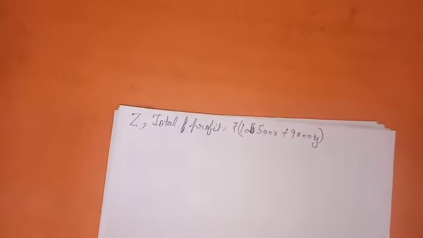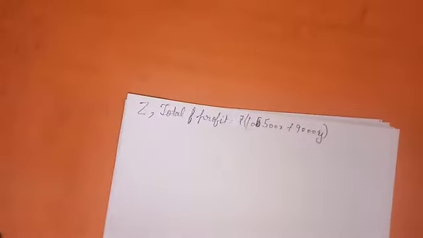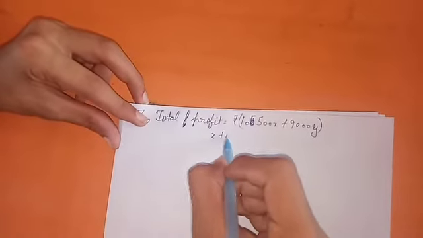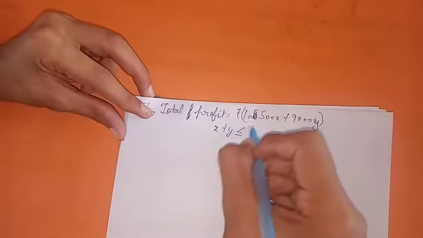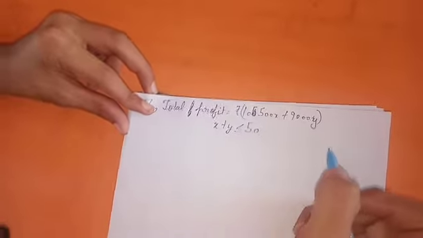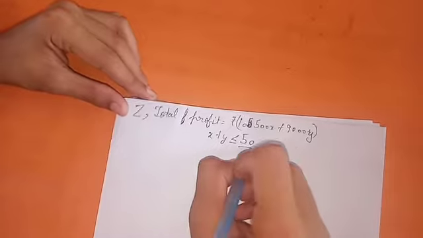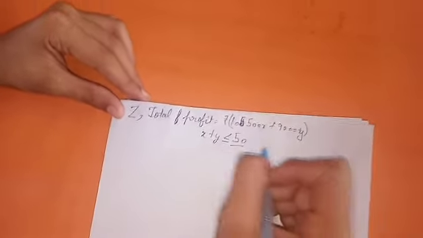Now about constraints. Our one constraint is that x plus y will be less than or equal to 50, because this is the maximum amount of land provided to us. And second is related to herbicides.